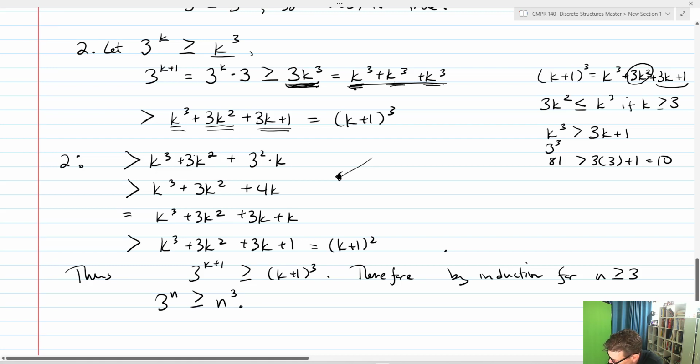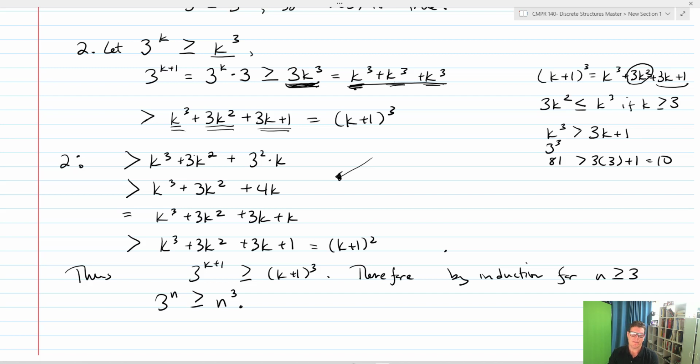And we're finished. So again, we've got a pretty similar process here. We are still pulling out one of the terms and then substituting in for our assumption, just like we did before, but now we've got to do some inequality work.